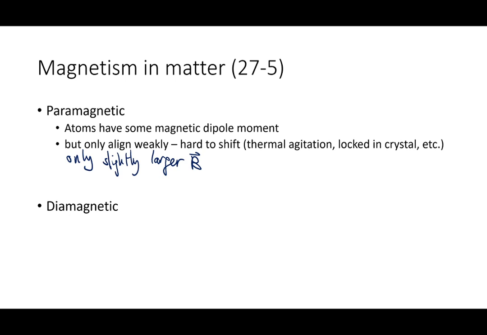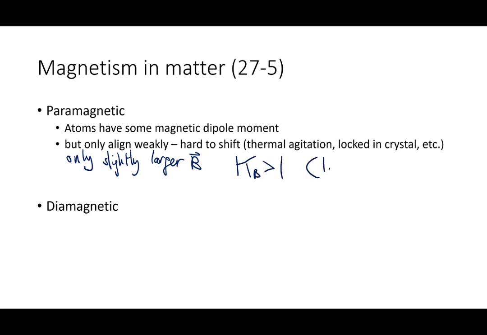That could be because the atoms are locked in the crystal, or they get knocked around randomly by thermal agitation, so it's hard to make and keep the alignment. But it does help a little bit, so you still expect a kappa B greater than 1.